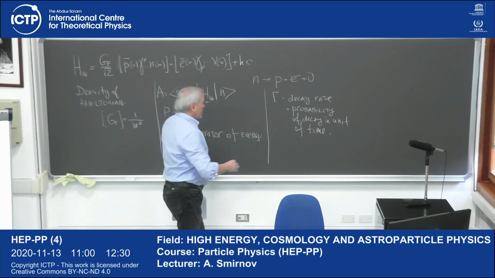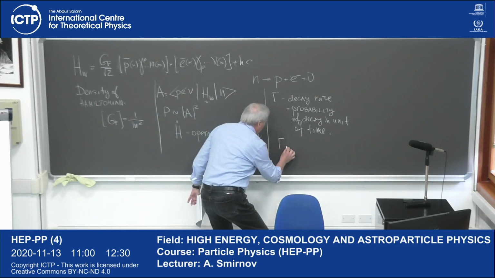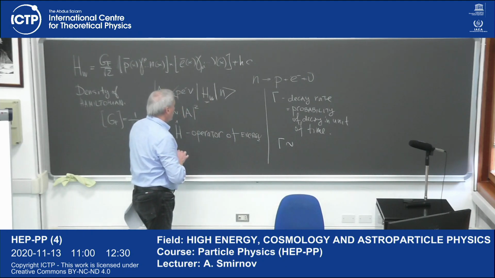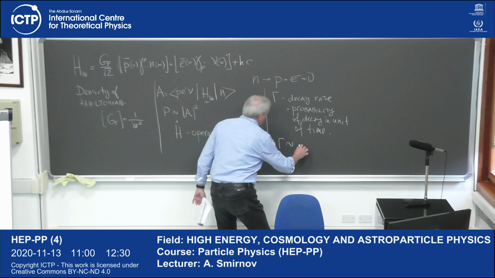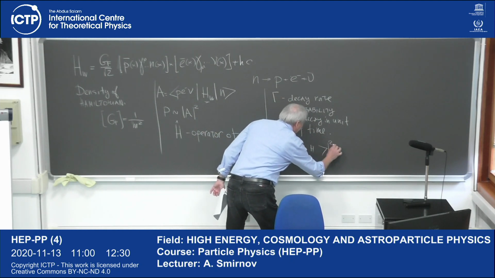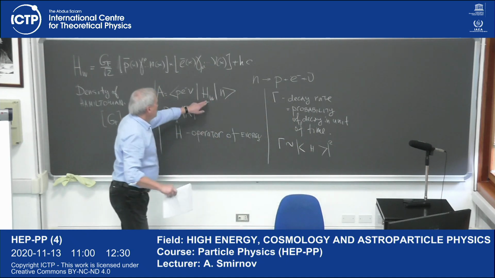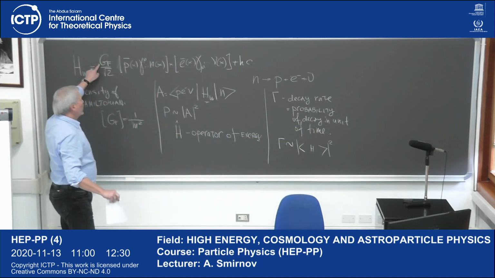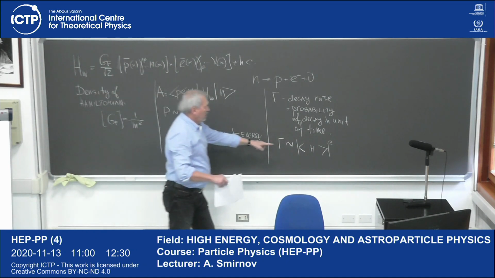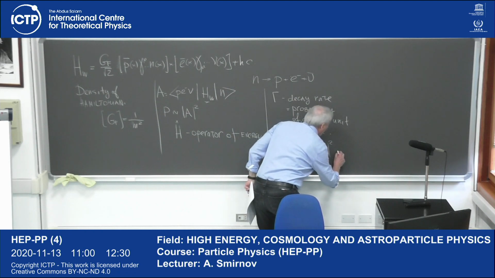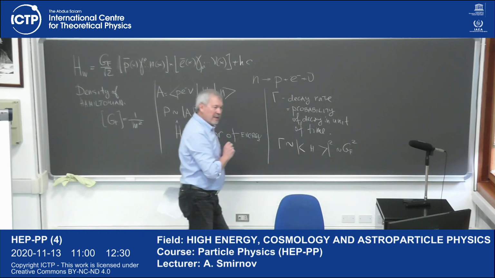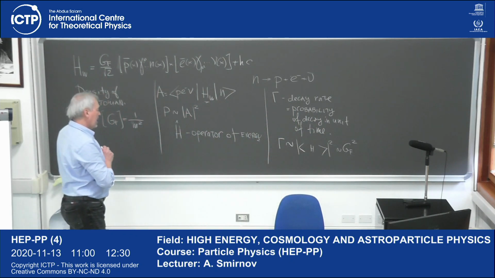And according to these general rules, this gamma is proportional to the matrix element squared. And since the Hamiltonian is proportional to G Fermi, you see from here that this gamma should be proportional to G Fermi squared, right? Because we are squaring the matrix element.